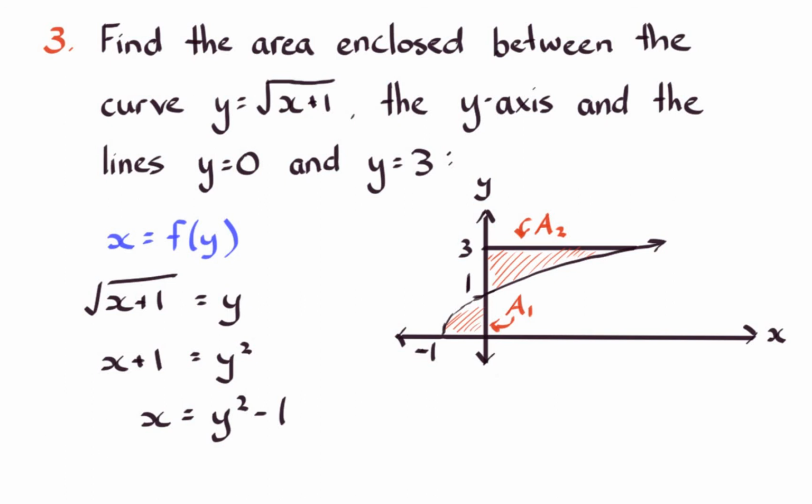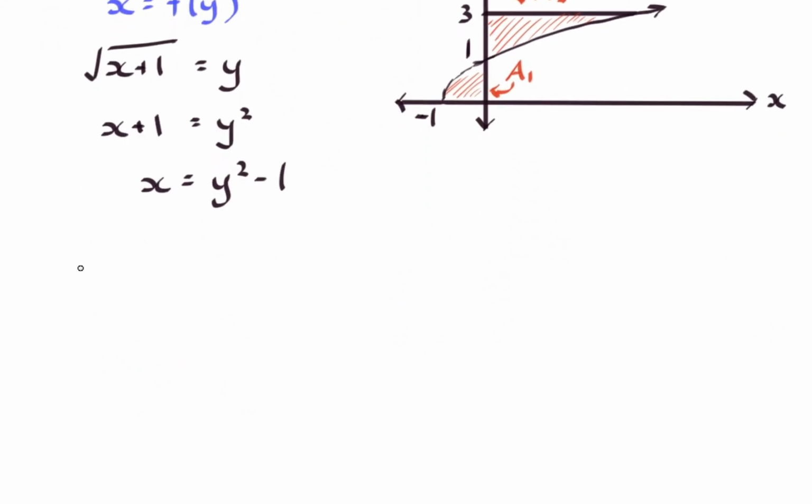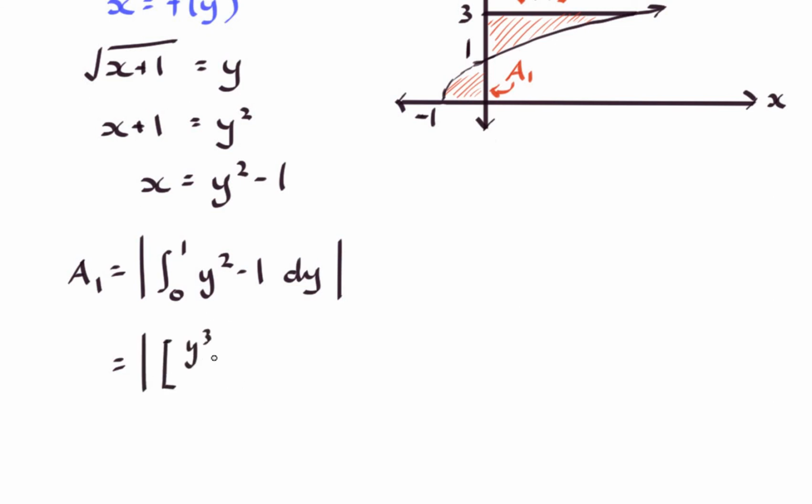Okay, let's start with area 1. So we are going from y equals 0 to y equals 1. Now, because it's going to be negative, let's throw in our absolute value signs. And our function is y squared minus 1 with respect to y. Integrating, we get y cubed on 3 minus y. That's between 1 and 0.